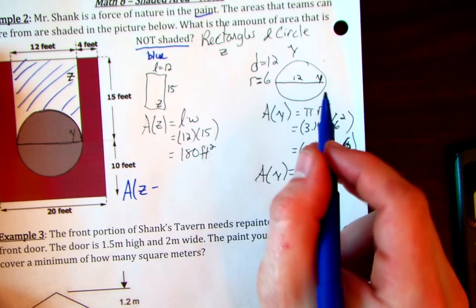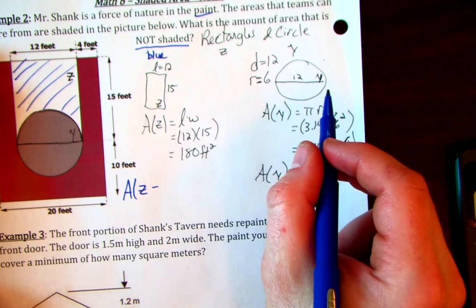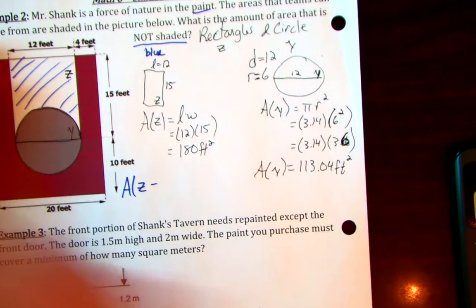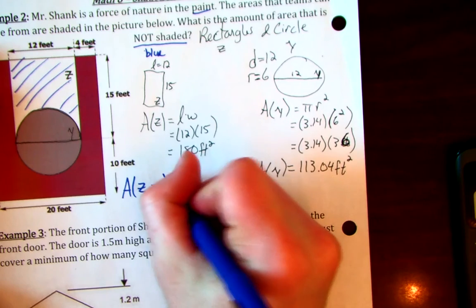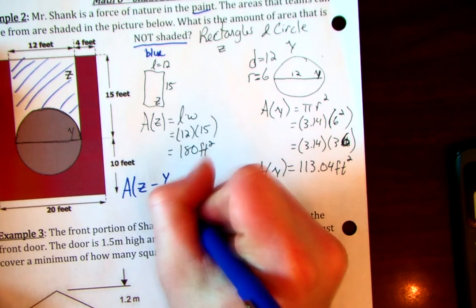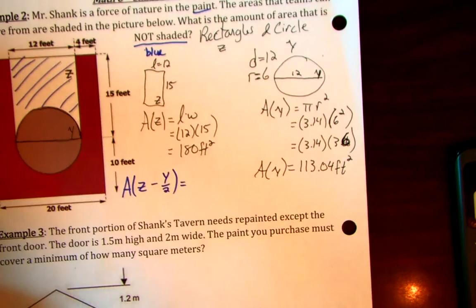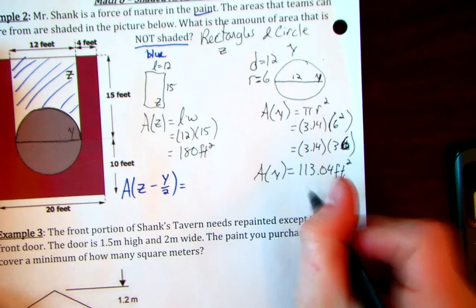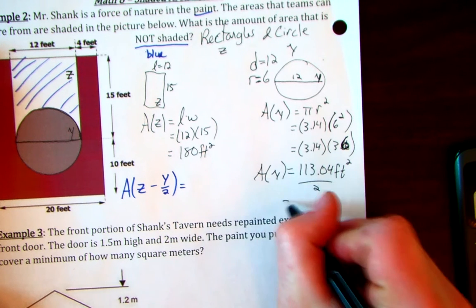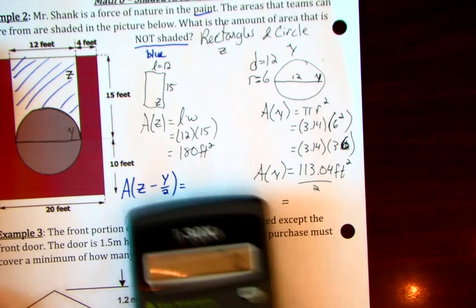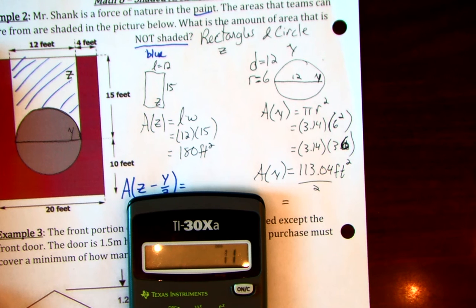But it's not that entire circle, right? We have to make sure that first we divide by 2, so it's going to be Y over 2. So let's actually do that. Let's divide it by 2 and see what that equals: 113.04 divided by 2.